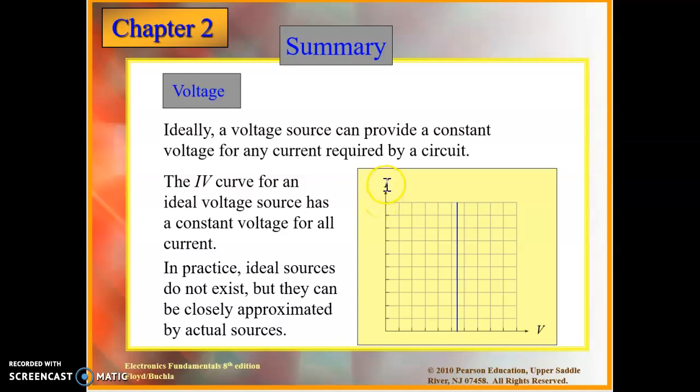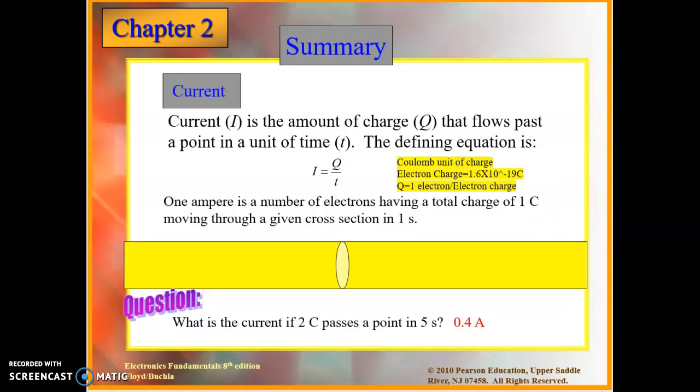So the current can go to infinity and we are still going to have the same amount of voltage. In practice, this is not the case. We have some variation, but new models nowadays are pretty close to being ideal.